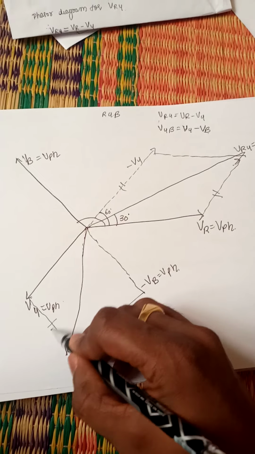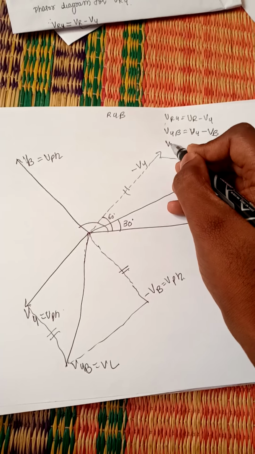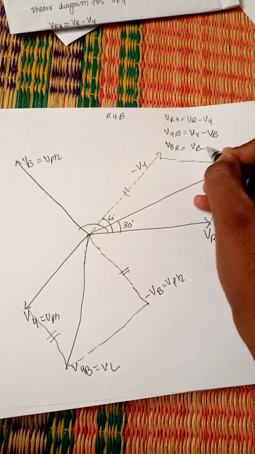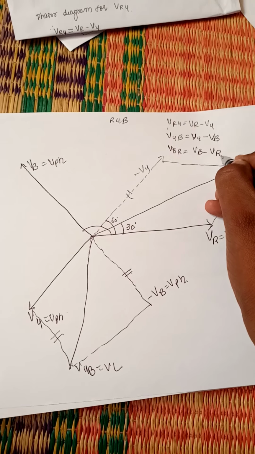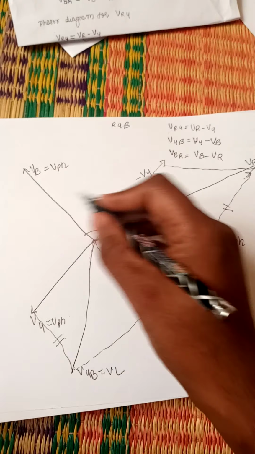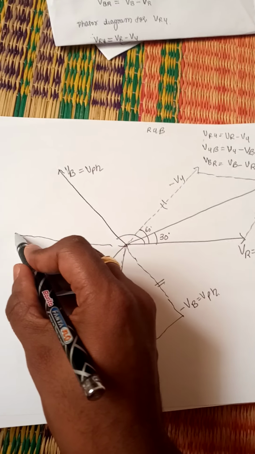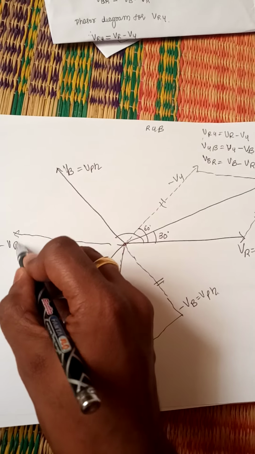In a similar way, you have one more expression, VBR equals VB minus VR. Here you have VB, and minus VR you require. Here you have plus VR. So what you have to do? You have to extend this line like this. This is your minus VR.